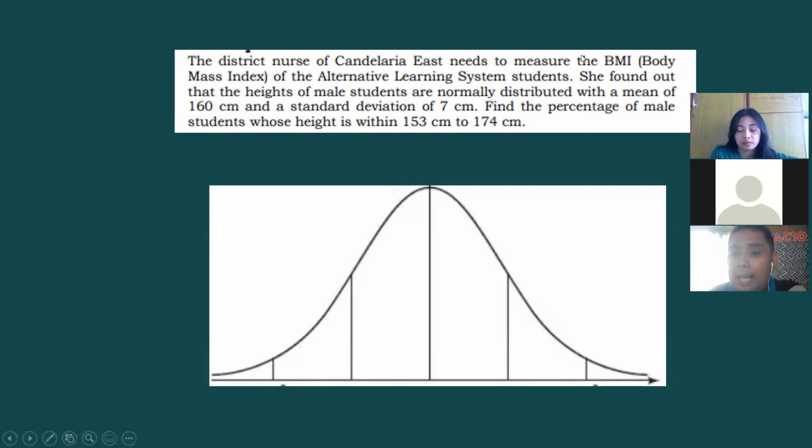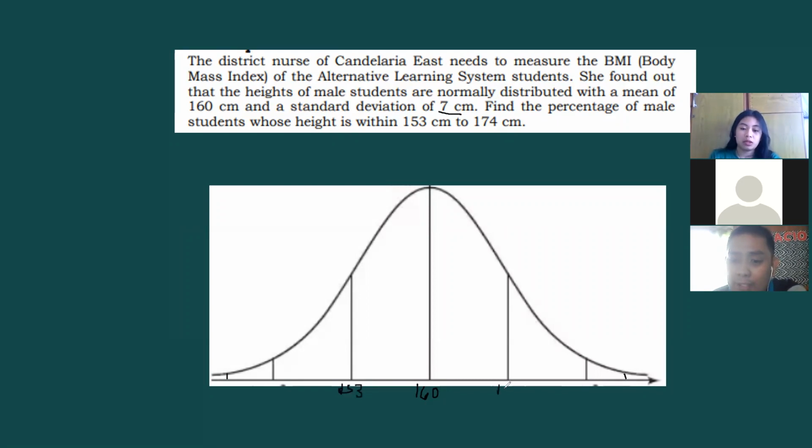Sabi natin, ang mean natin ay 160. So, ibig sabihin, ito ay 160. Gitna agad yon. Okay? So, dapat tatlo yung hati. Ang standard deviation natin ay 7. Ibig sabihin, this is -7, this is 153.